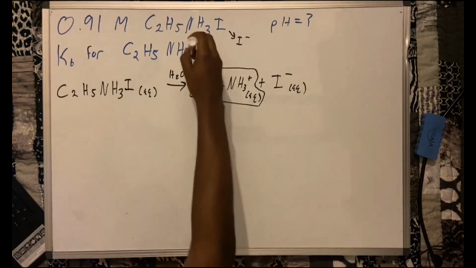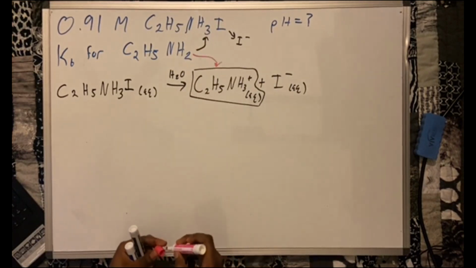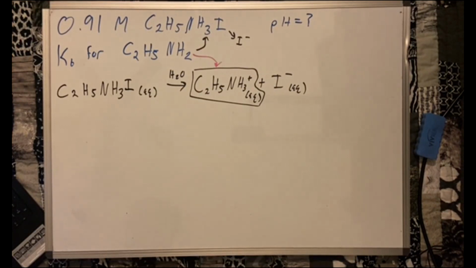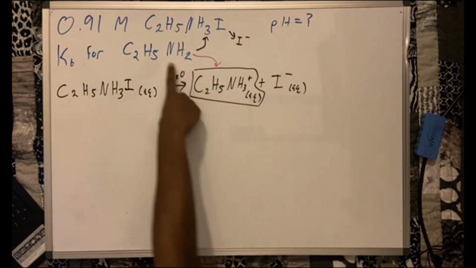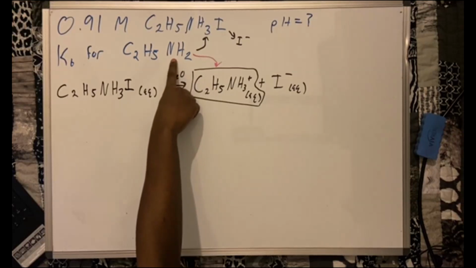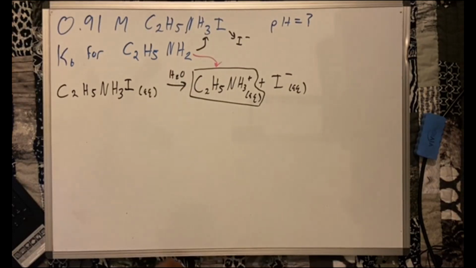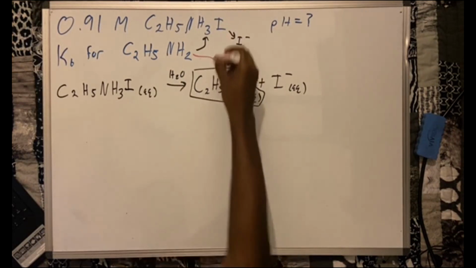Okay, what do you notice about this and that? They're not the same. What else? It loses a hydrogen. Lost a hydrogen, right? So what does that mean? Conjugate, I think there's a conjugate base pair, right? These are conjugate pairs. Yeah, I'll do it.